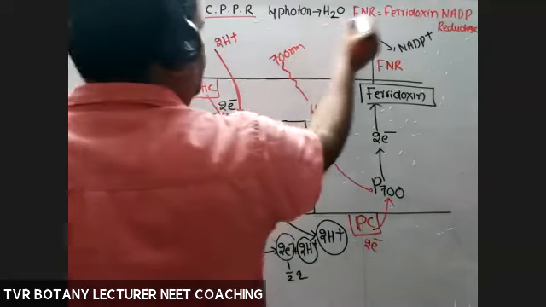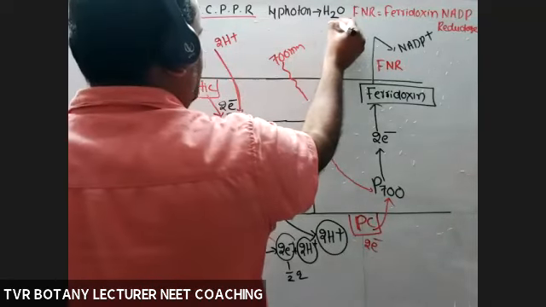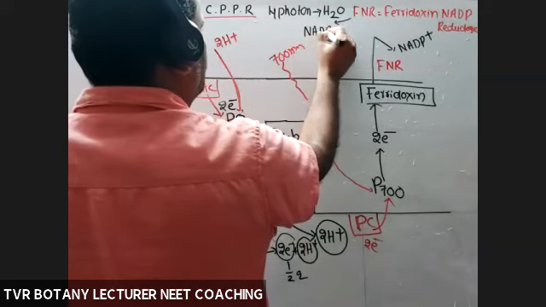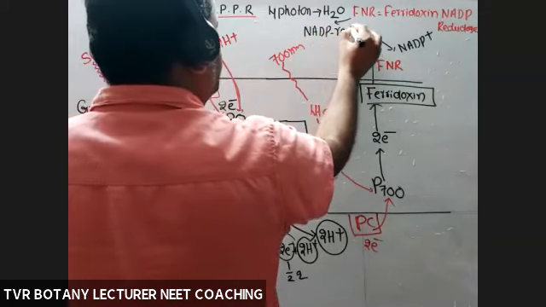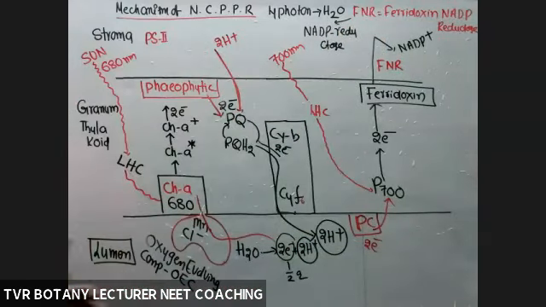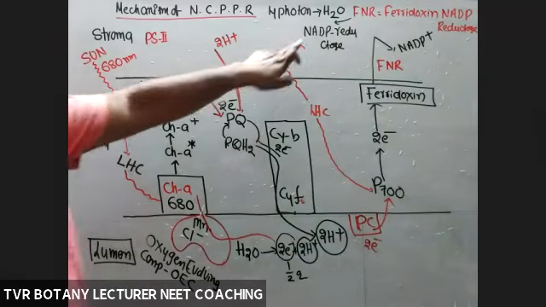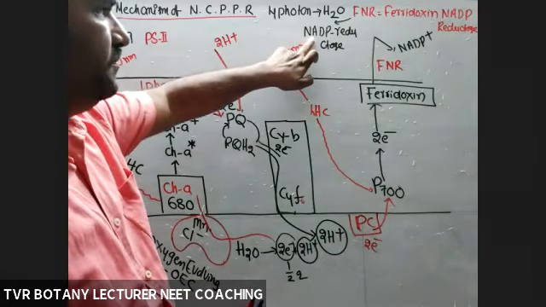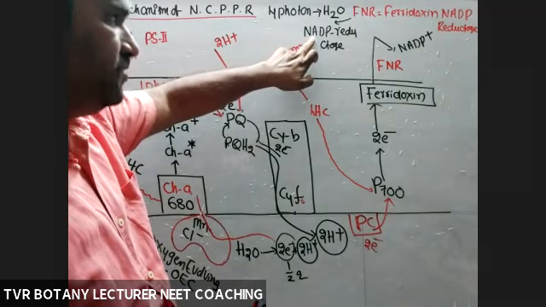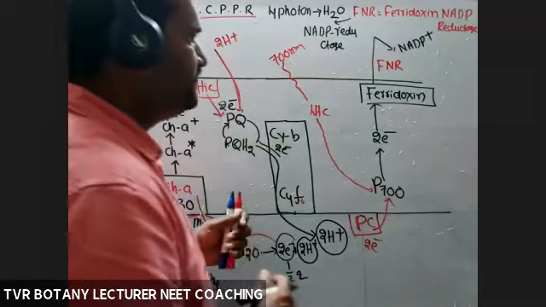Or simply, this enzyme is also called NADP reductase. That NADP reductase requires the presence of NADP. What is NADP? A coenzyme. Go back to cofactors.